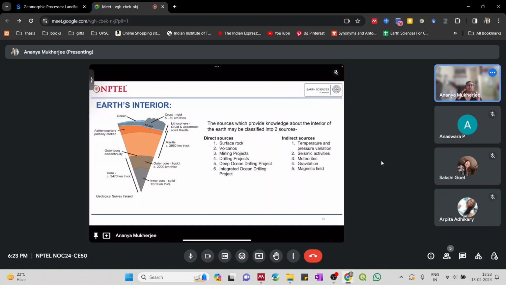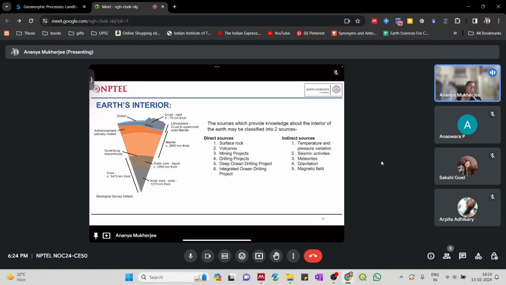The waves either get reflected, or refracted, or they can transmit straight through the layers also. So using these sources we can understand the earth's interior structure also.